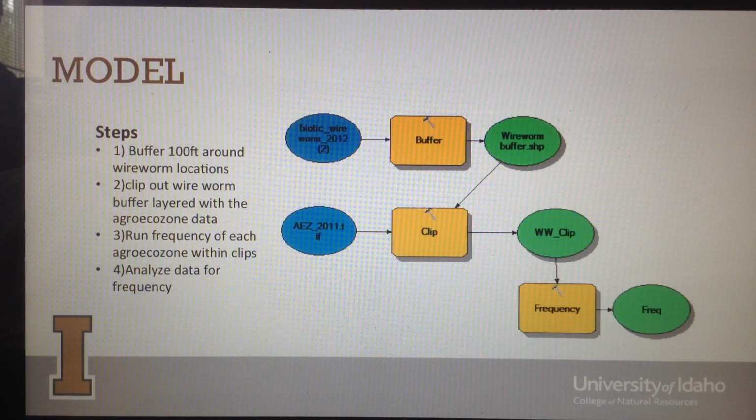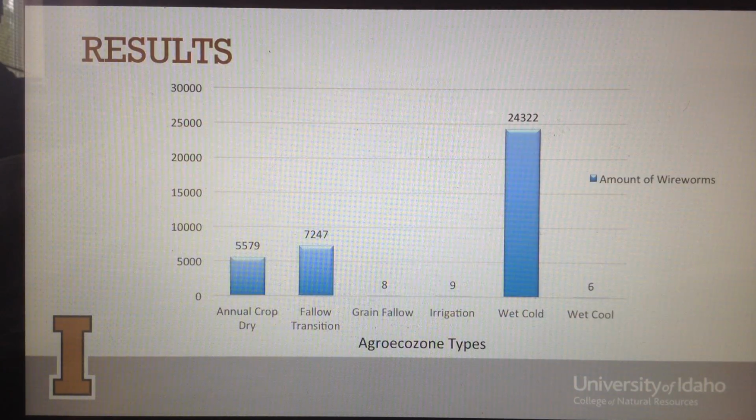So after running the frequency, I was able to analyze the data and come up with these results. As you can see, annual crop dry agroecozones only contained about 5,500 wireworms within their parameters. The fallow transition contained a little bit more with 7,200.